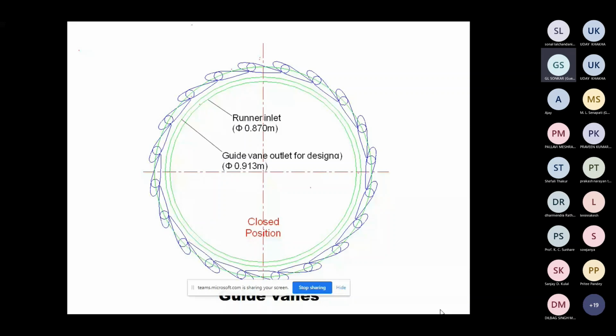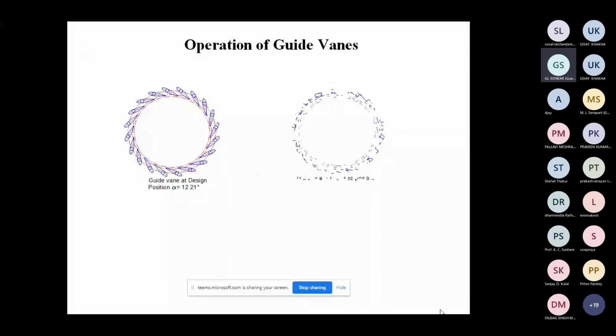At the guide vane outlet you can see from here what the guide vane positions are. This is 12.21 degree. Then this is my closed position. This is the maximum opening, alpha equal to 18 degree. At no load condition it is 1 degree, and the guide vane is in the closed position.